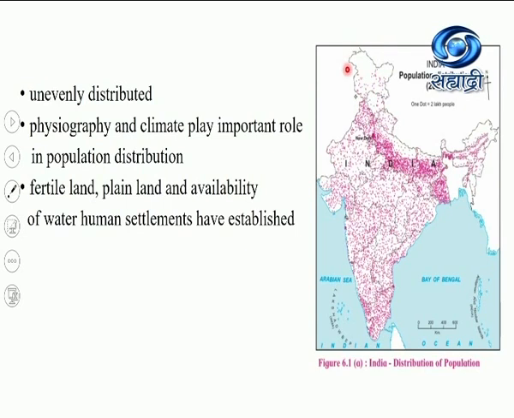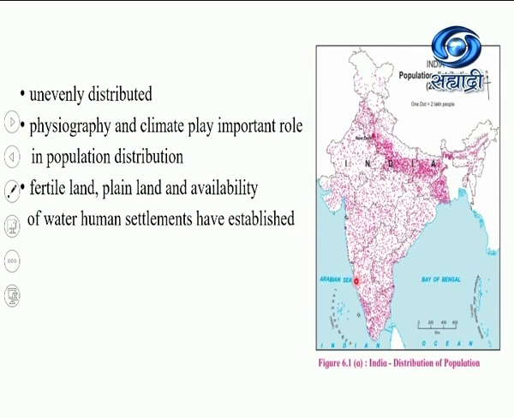Now, when we talk about the extreme northern tip and the eastern tip of India, these are hilly areas, so again there are extreme topographical regions. The physiography is very steep. Climate is also extreme, so thus population distribution becomes less.